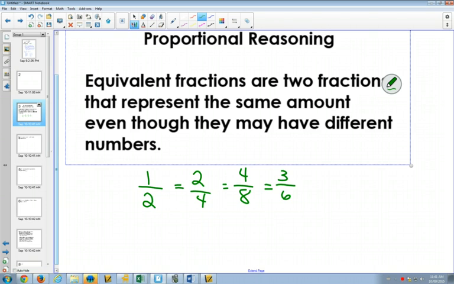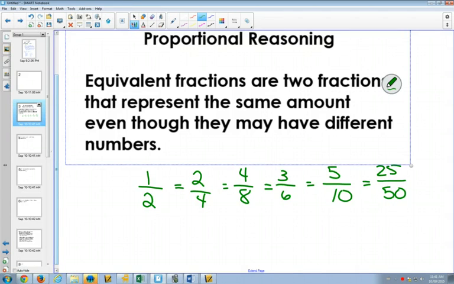How do you find other ones? Could you tell me one where there's a 5 on the top? 5/10. Okay, good. Could you tell me one where there is 50 on the bottom? 25. All right.